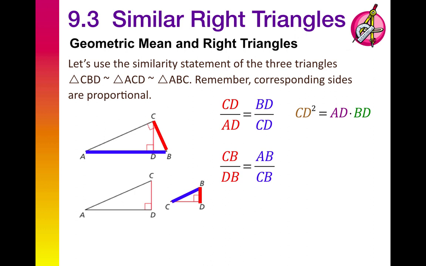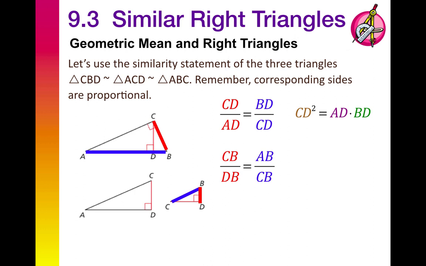If I also take a look at this small triangle and compare it to the big triangle, this BD, or DB, relates to CB up here. And the CB of this little triangle, which is the same as this, relates to this big AB here.